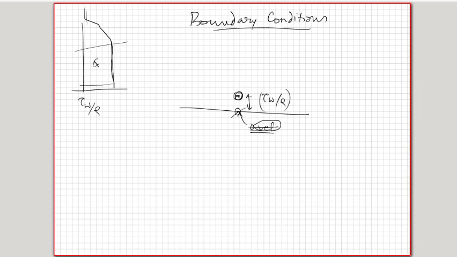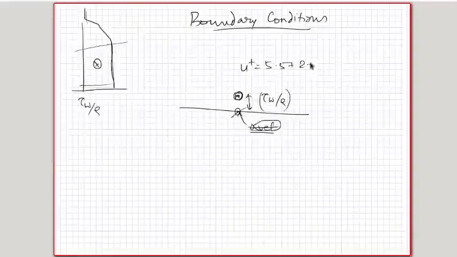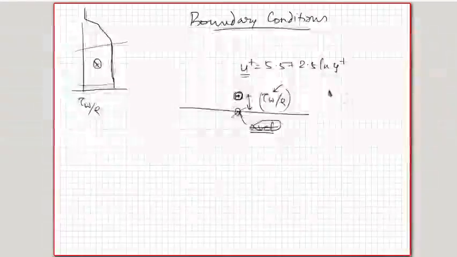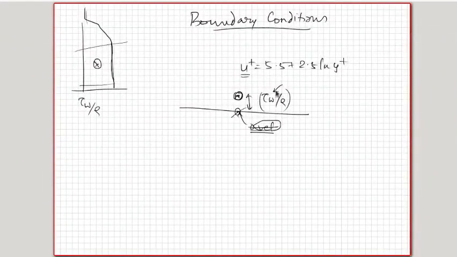If I put the first grid point in the buffer layer and specify the velocity gradient here using u plus equal to 5.5 plus 2.5 log y plus, which is the buffer layer velocity profile, and using that you determine the tau wall by rho, which is the u star that you get here, then you specify u plus in terms of y plus and calculate the u according to that at the first grid point, and your wall shear stress is correctly modeled.